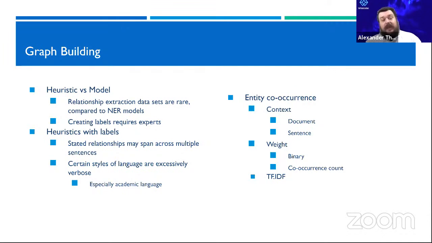If you give someone a biomedical article and ask them, what's the relationship between these two entities in there? The average person will not be able to give a useful answer. And not only that, oftentimes these entities are not necessarily in one small place of the text.